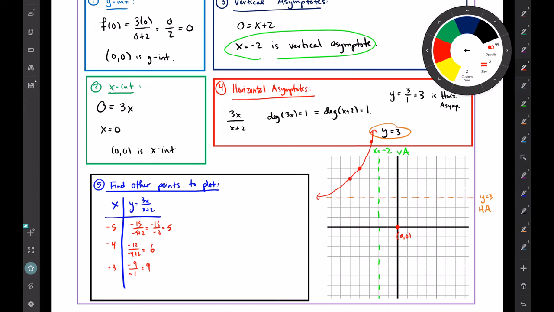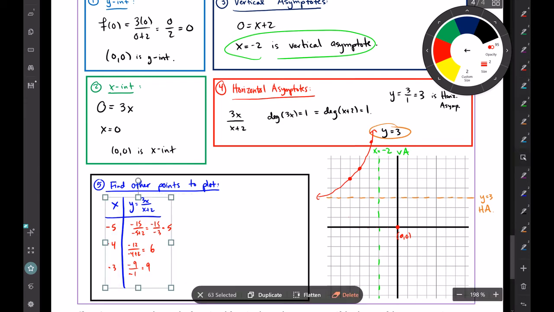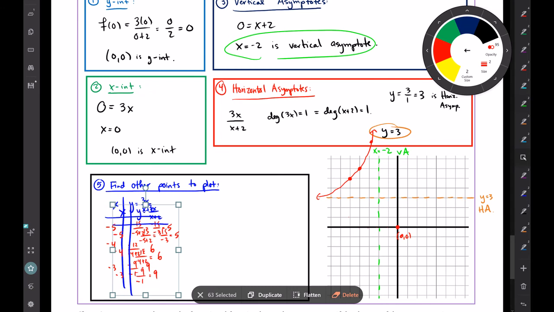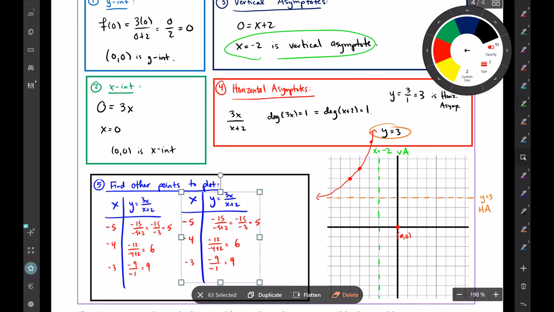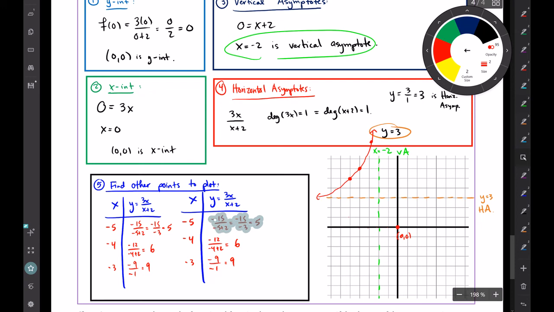And now we want to plug in some more points, maybe to the right of negative 2. I'm just recreating my table. But now I'm going to plug in some more points to the right of x equals negative 2. So maybe now I'll plug in negative 1.